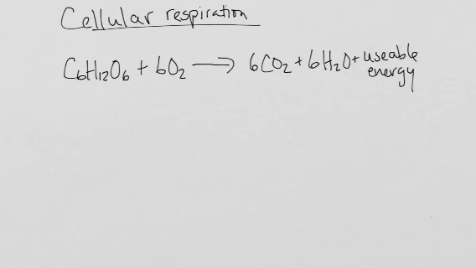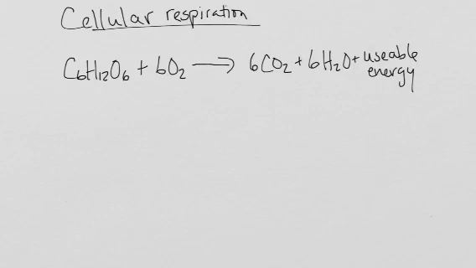You need it. And so what the cells do is they actively transport that glucose into their cells. And that glucose hangs out in the cytoplasm. It will hang out in the cytoplasm until that cell needs energy. And that'll start the process of cellular respiration.